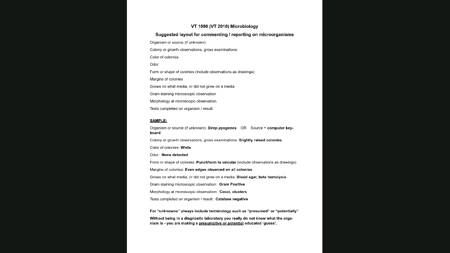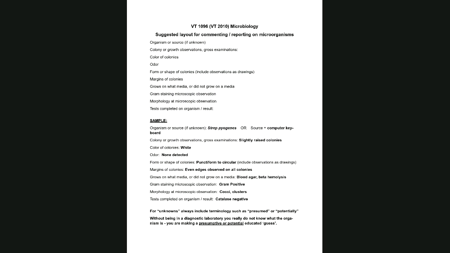All of that helps you understand some possible presumptive guesses to that organism. Then, as you have grown that organism, and looking back onto your chapter, your unit 7, you'll see the diagrams about how the organism looks.